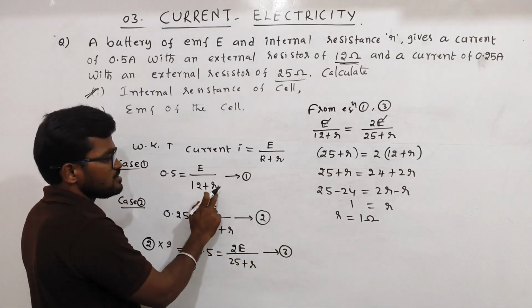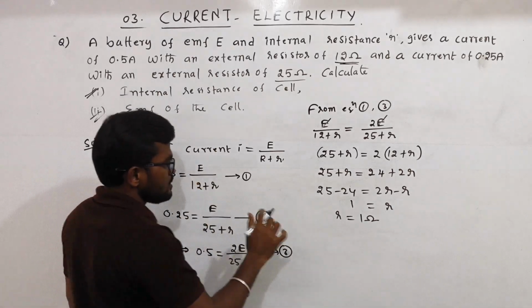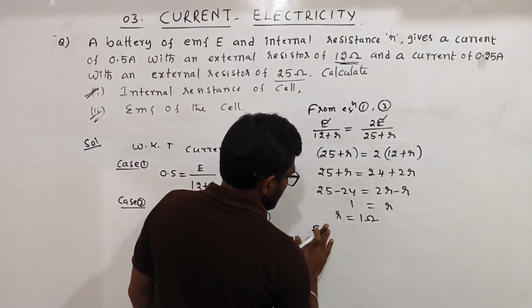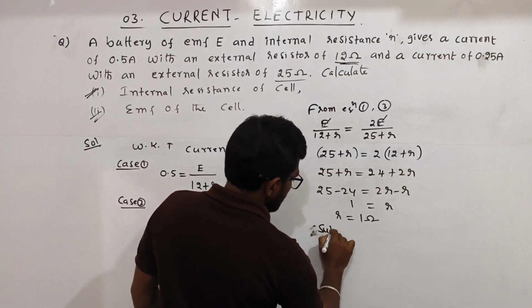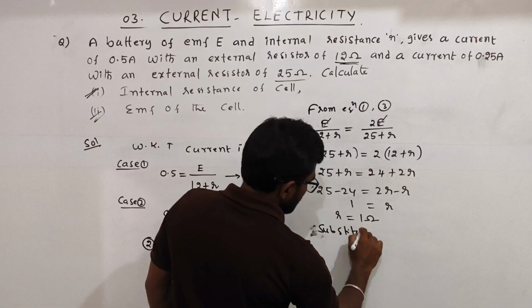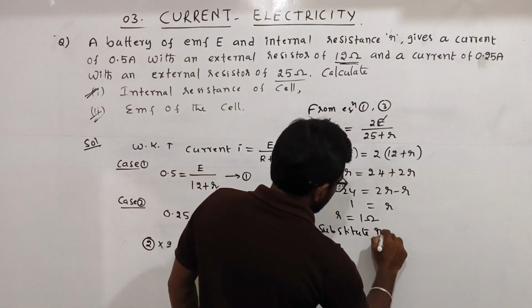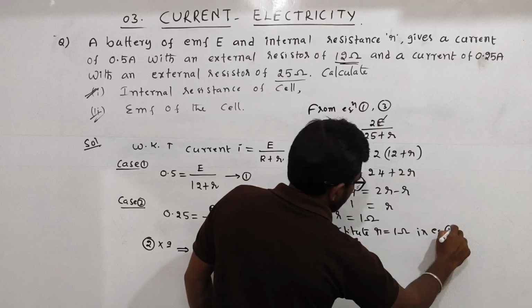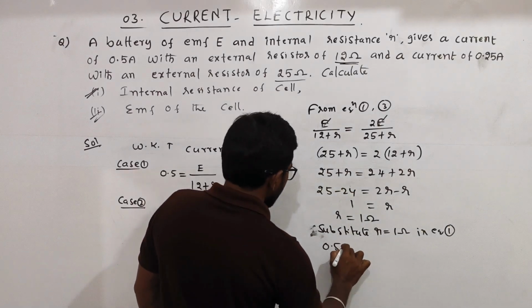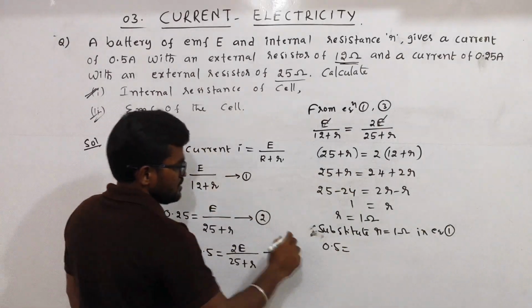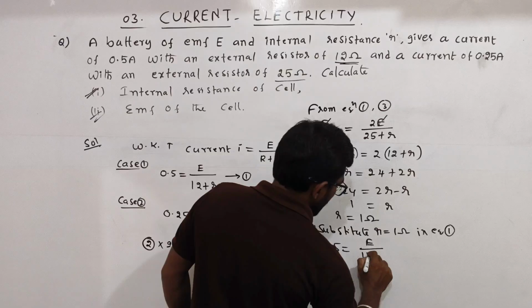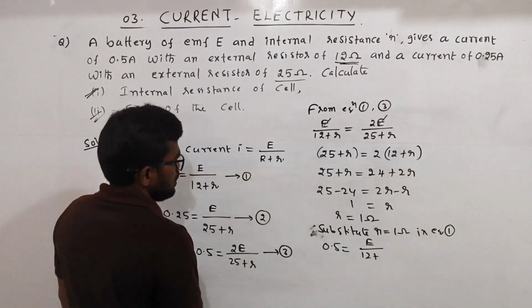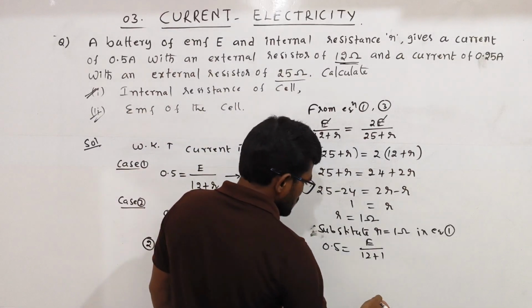Substitute the r value in equation number 1. r is equal to 1 ohm. In that case, 0.5 is equal to E divided by 12 plus 1, and 12 plus 1 is equal to 13.